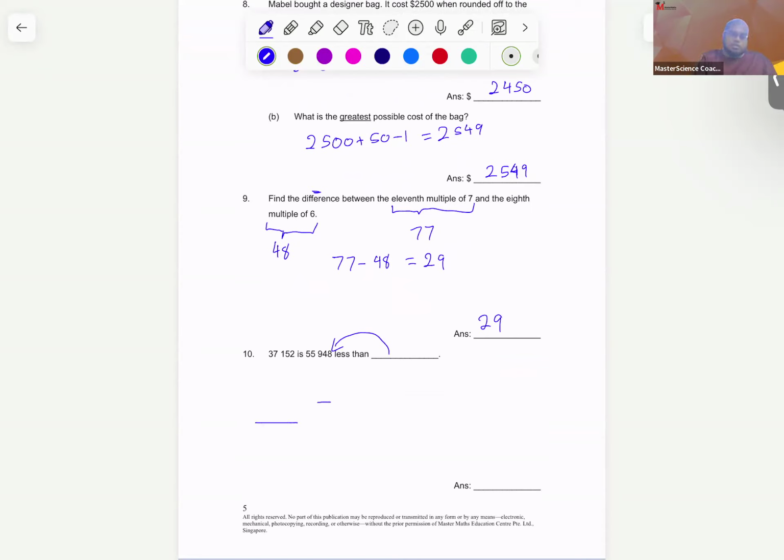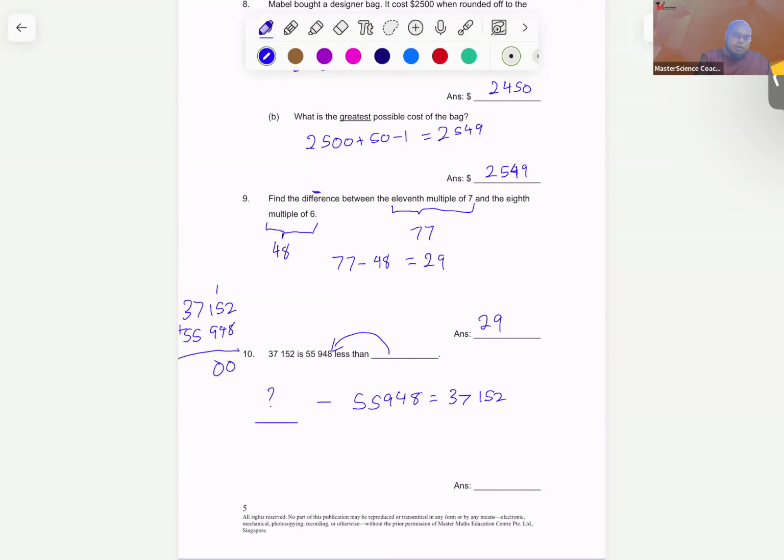Okay, so Iman, how do I find this blank here? What do you think? Plus, very good, correct. So 37,152 plus 55,948. 2 plus 8, 10. 1 plus 5, 6, 6 plus 4, another 10.